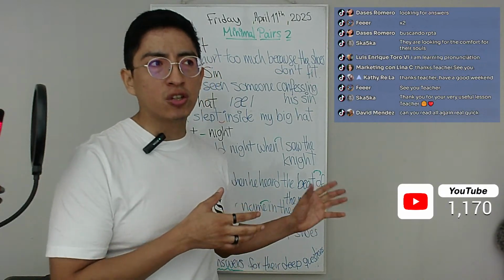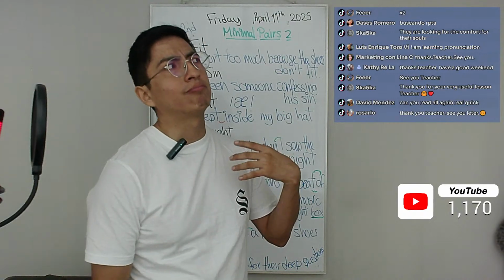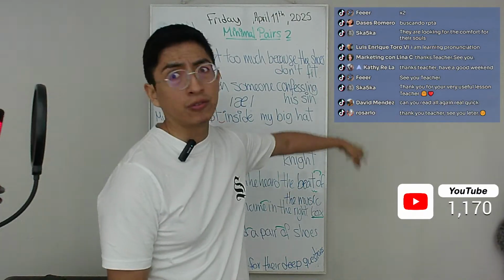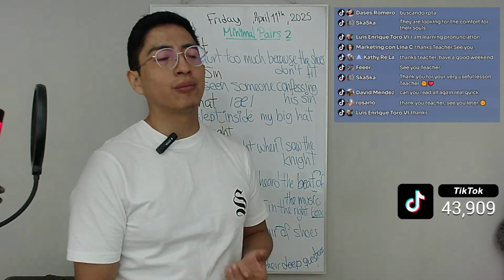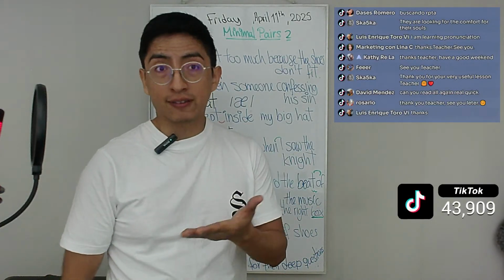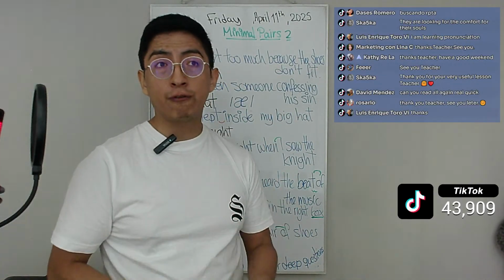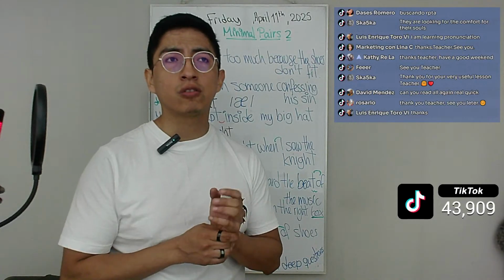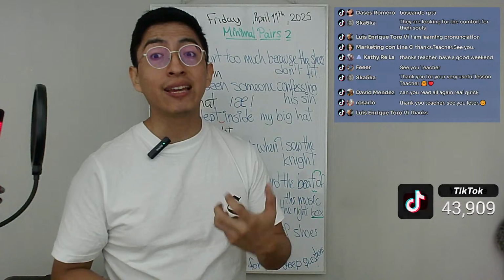Now, pronunciation or phonetics are like the color of the walls, or maybe the decorations. First you build your house, and after you finish building your house, you start painting it, or you start decorating it.